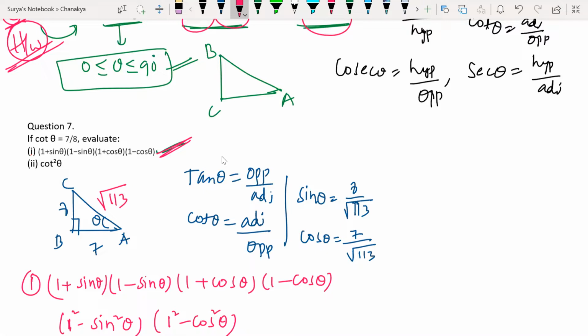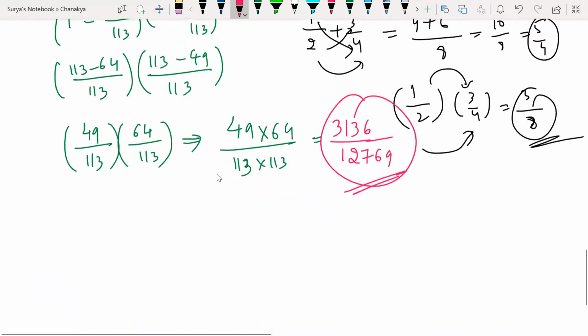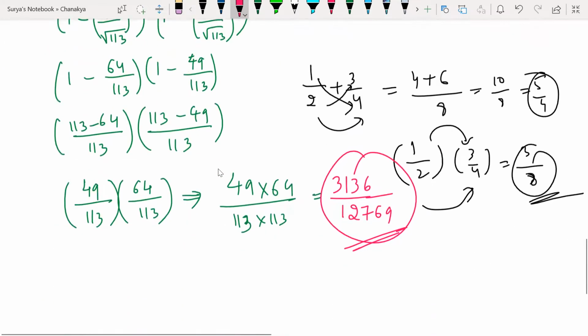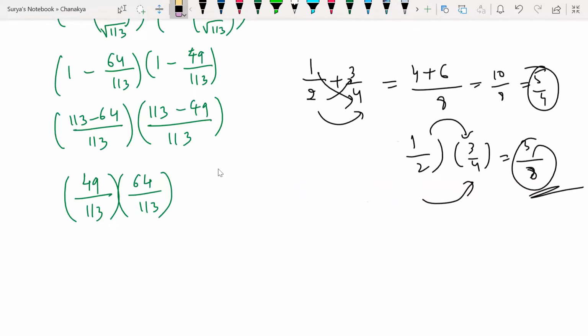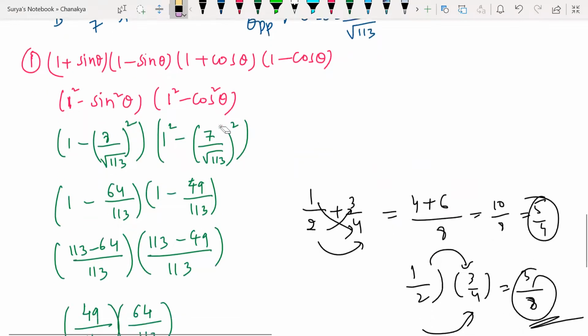Yes, sir, the question is 1 plus sine into 1 minus sine by 1 plus cos into 1 minus cos. Divided by, yeah. Yes. That's what I was telling. Then the answer will be different. Look at this.